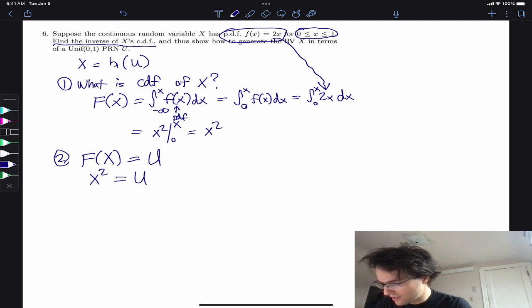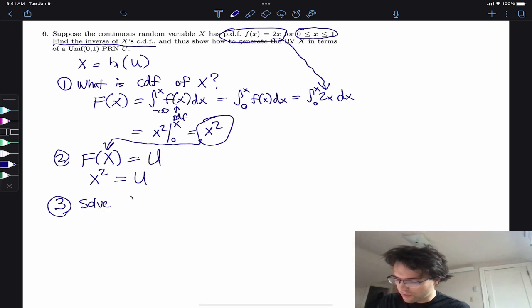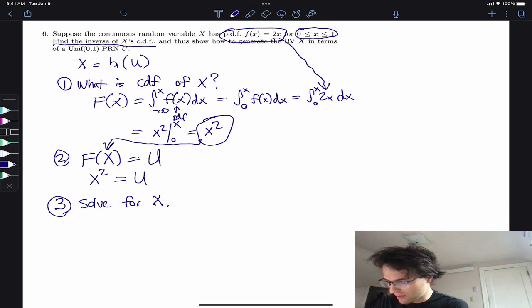This is just taking the value we calculated and plugging it in. And finally, step 3, we solve for x, and in this case, that's just taking the square root of both sides, so x is equal to the square root of u.